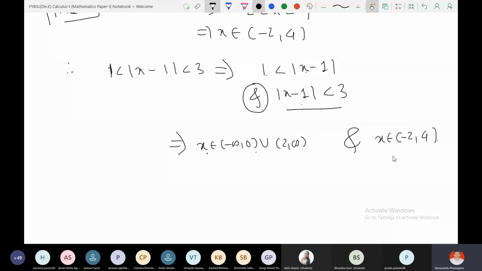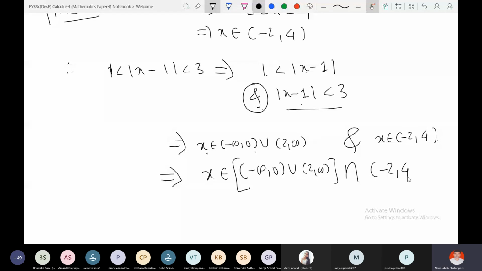And when I say and, what does it mean? Intersection. Very good. Intersection. X belongs to minus infinity to 0 union 2 to infinity, intersection with minus 2 to 4.